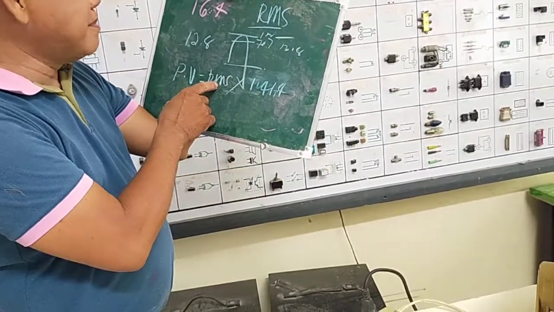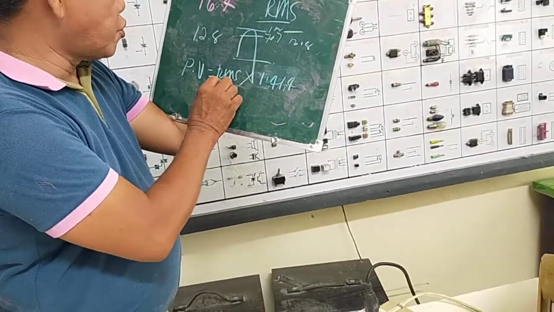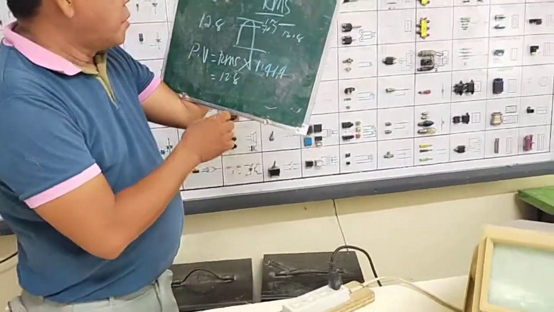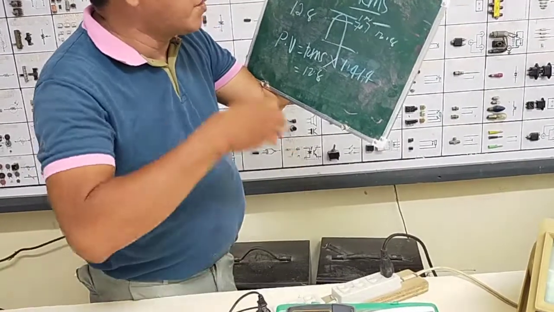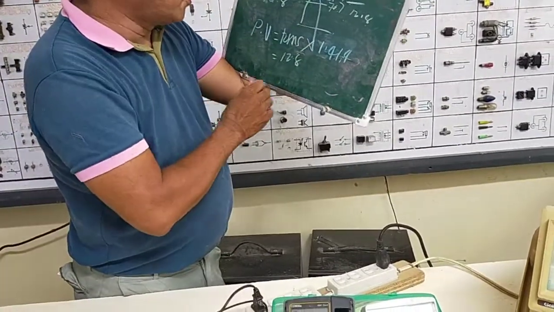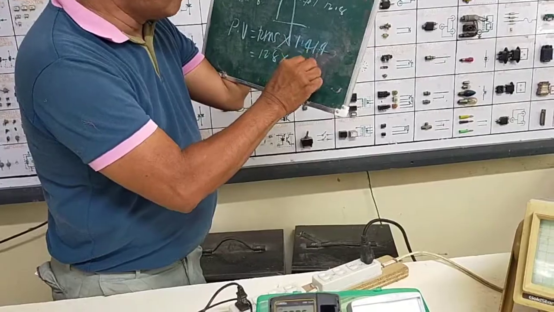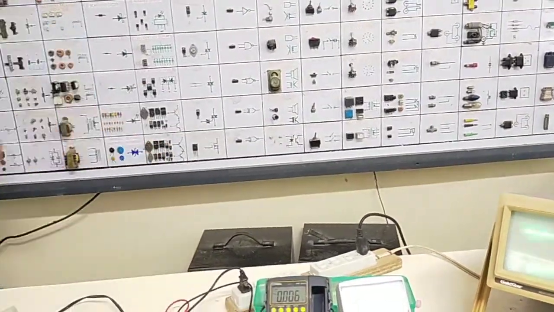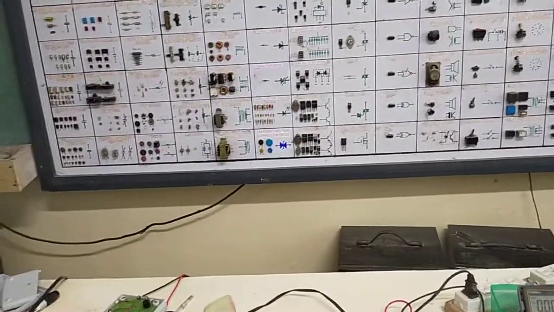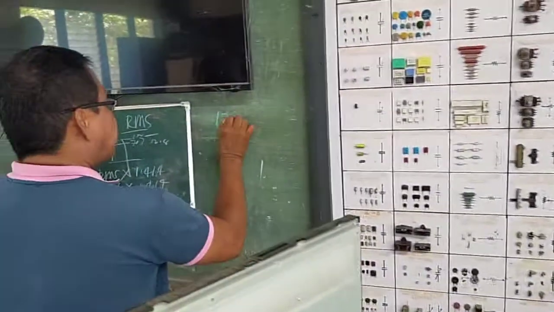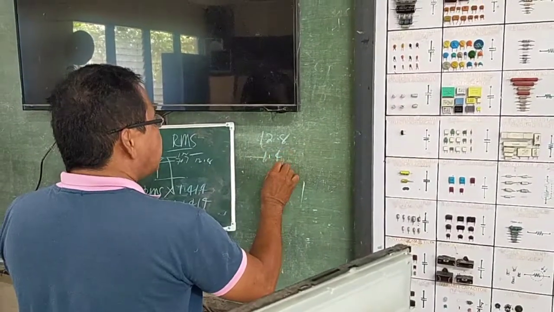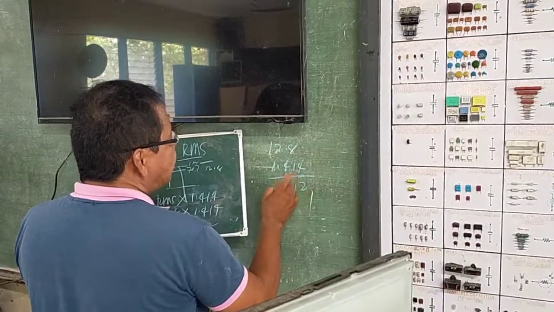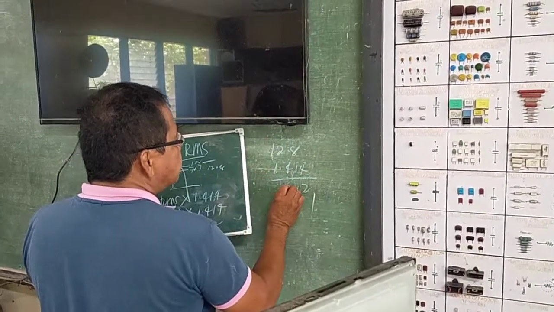The RMS now is 12.8, measured from the secondary, which is only 70.7% of the 100% peak value of the amplitude, times 1.414. Try to compute. So, 12.8 times 1.414.